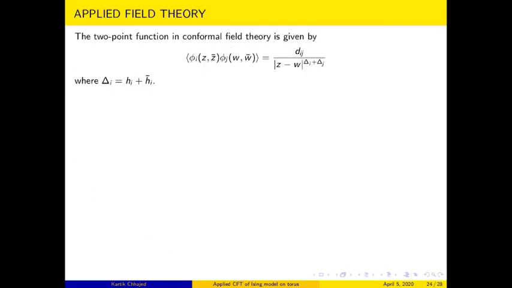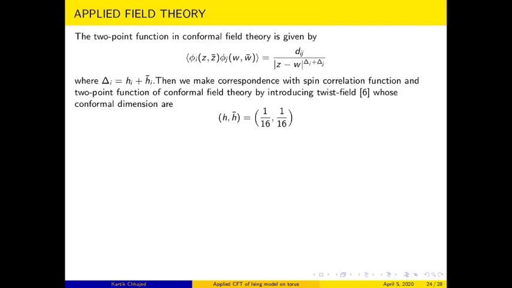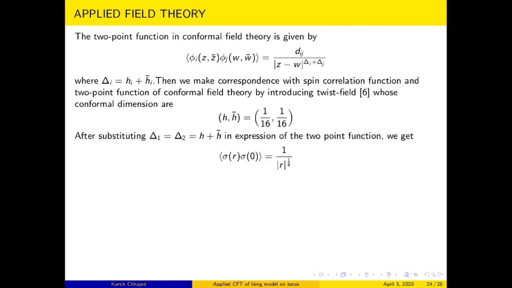For a general field, the 2-point function is given like this with field h plus h bar. If we make a correspondence of the spin correlation function and the 2-point function by introducing a twist field, whose conformal dimensions h, h bar are 1 by 16 and 1 by 16, and if we substitute this h, h bar in the expression of the 2-point function, then we get a 2-point function going like 1 by r raised to the power 1 by 4.